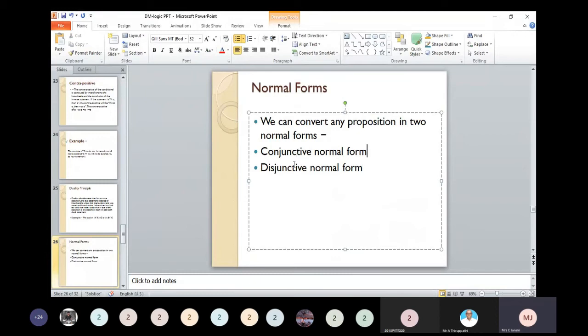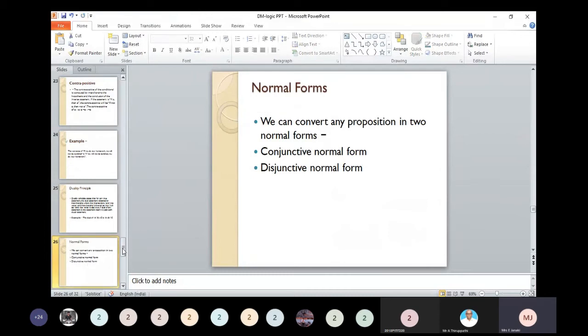From conjunctive normal form, we can extend to principal conjunctive normal form, PCNF, and from disjunctive normal form we can extend to principal disjunctive normal form.